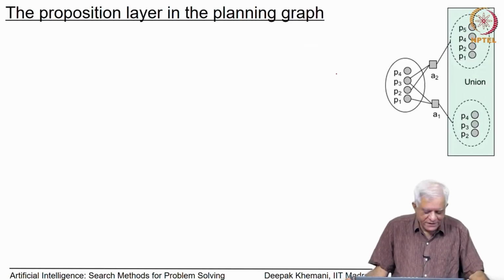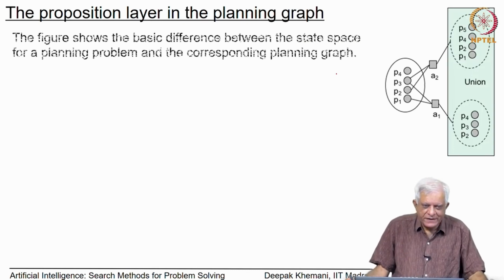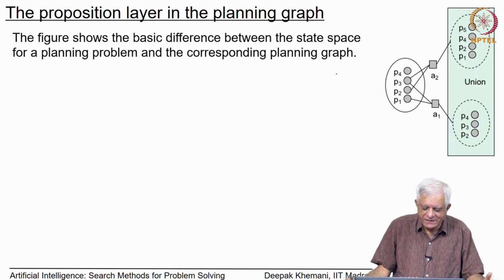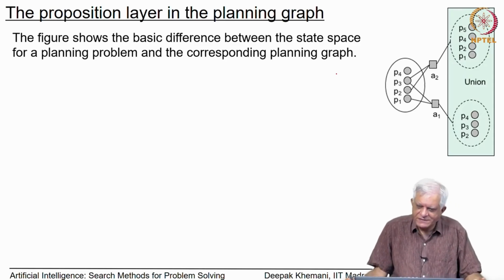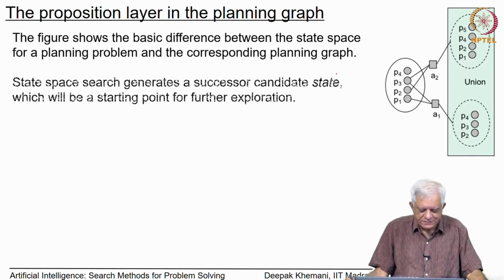So, that is the proposition layer that we have been talking about, and the figure shows the basic difference between the state space for a planning problem and the corresponding planning graph. In the state space, each action is applied individually and produces a successor state individually. In the planning graph, all actions are considered simultaneously, and a proposition layer is constructed, which is the effects of all those actions.